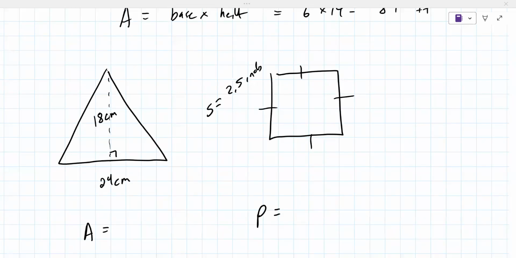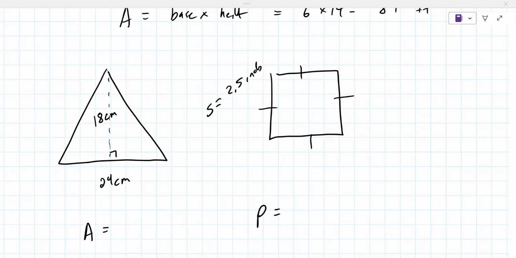So let's see, triangle. What's this side of the triangle? What am I asking for here? Oh, never mind, I didn't realize there's only one of them. Let's see, 18 centimeters, 24 centimeters.